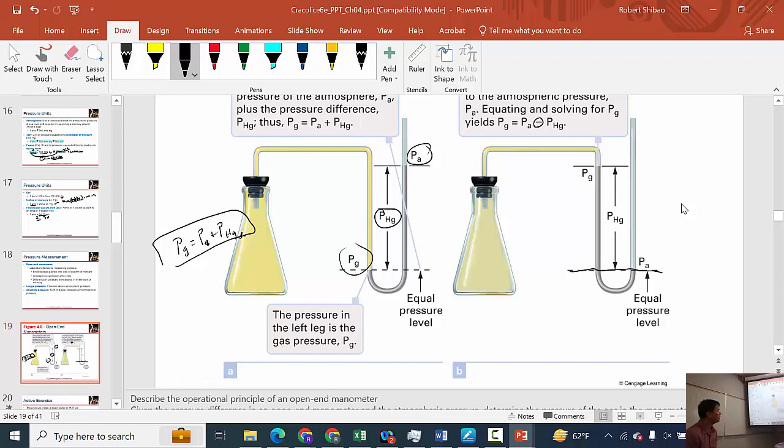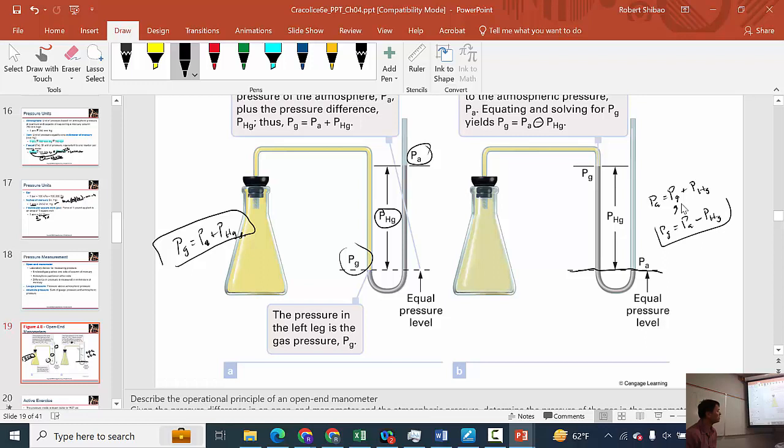I don't like this equation because I just like to add it here. So when I look at it, PA is equal to PG plus PHg, mercury. Okay, now I'm going to solve for PG. So PG is equal to PA minus PHg.